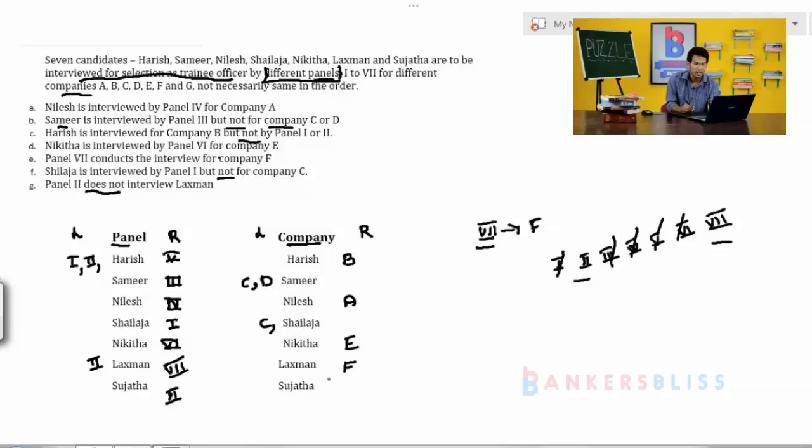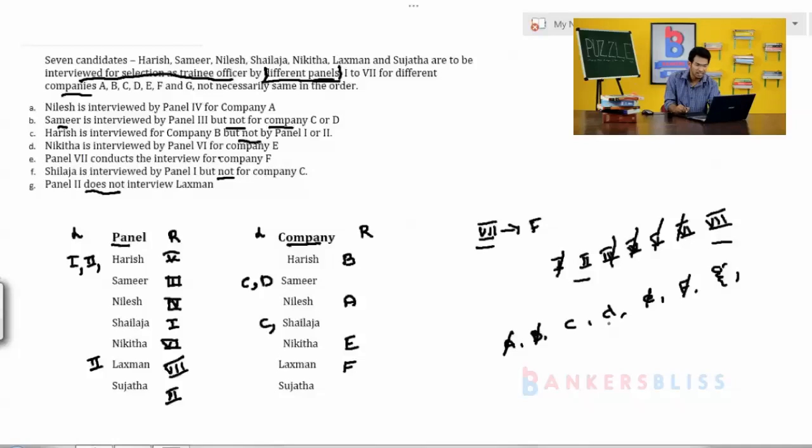Is it clear? After that, once again, you just write the company information. A, B, C, D, E, F, G. Okay, the number of companies here is A to G. A is finished, B is finished, E is finished, F is finished.